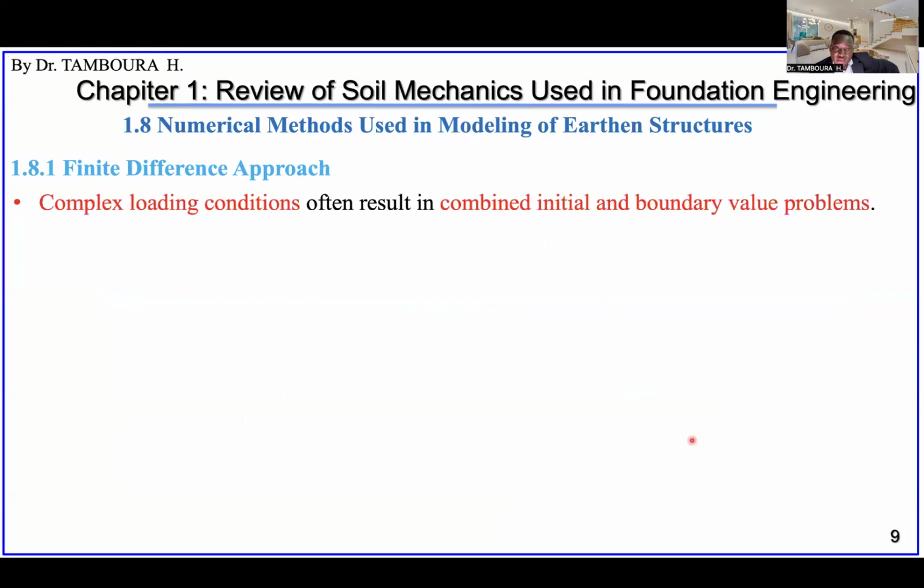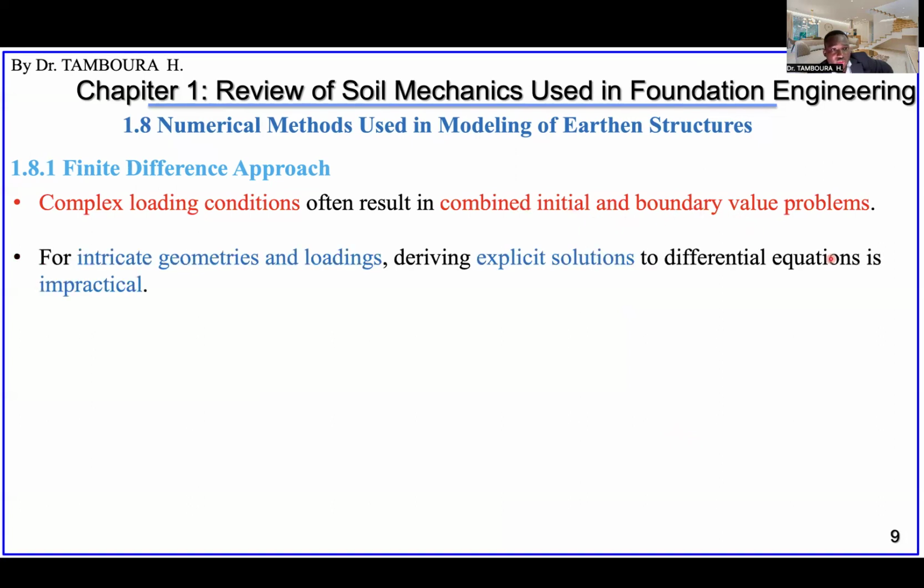Sometimes we have complex loading conditions, which combine initial and boundary value problems. Remember, the initial one is when you have dynamic loading, and the boundary one is when you have a static loading condition.